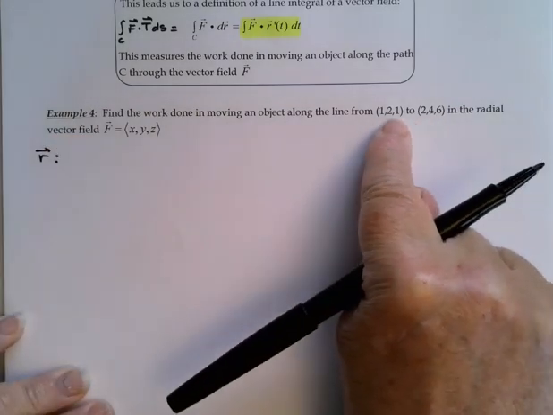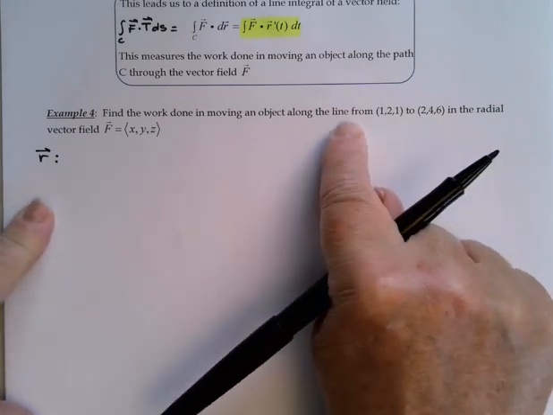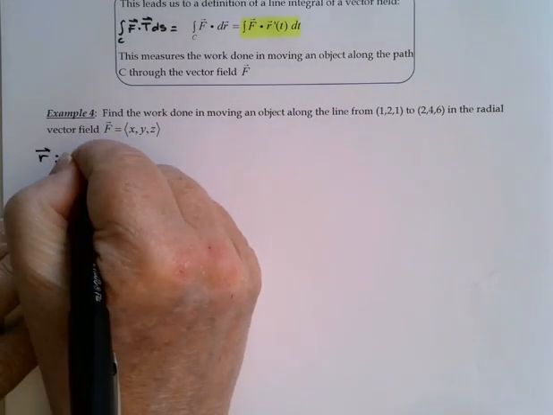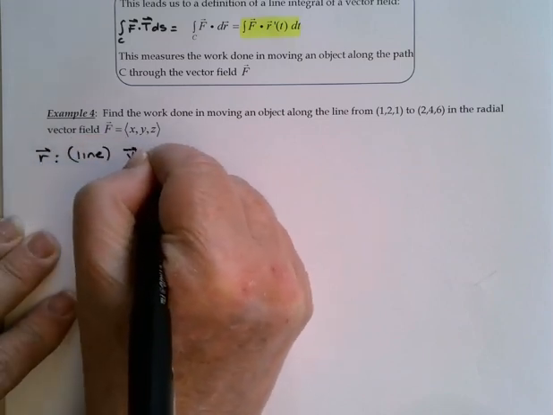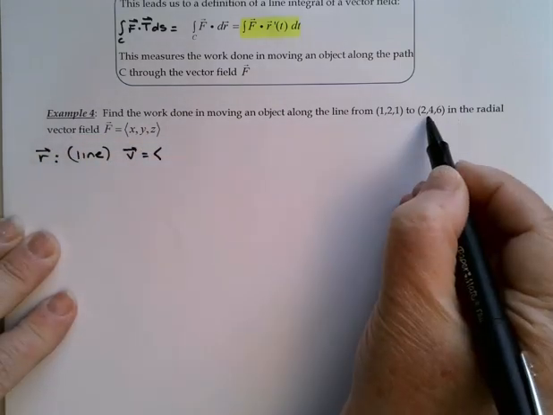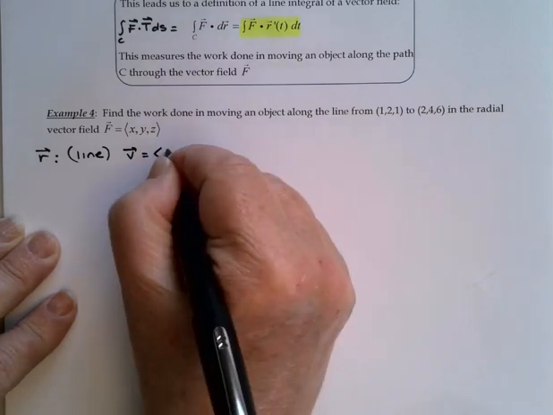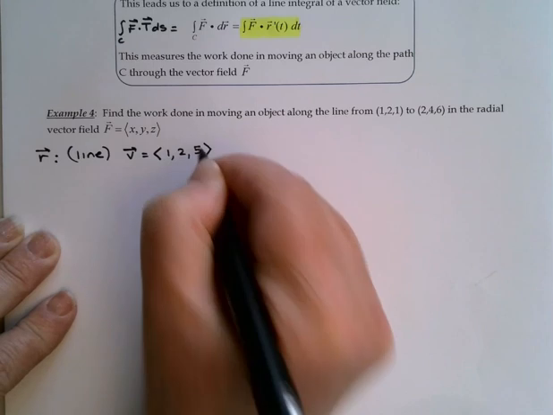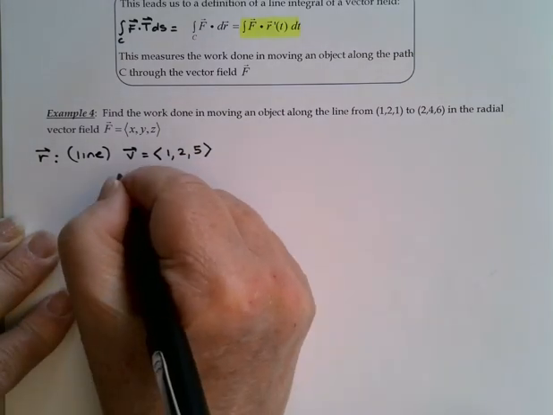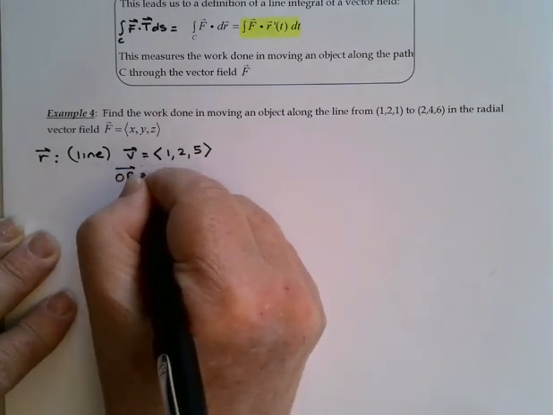I've got my 2 points, so to get a line between 2 points, I need a direction vector, v, which I'll get by subtracting terminal minus initial. It's like 1, 2, 5. I need a point, which I'll turn into a vector, OP.